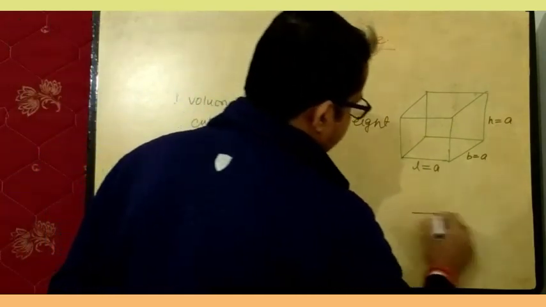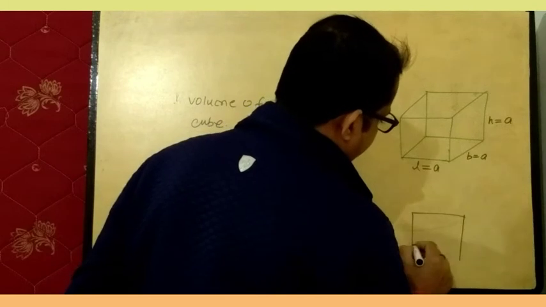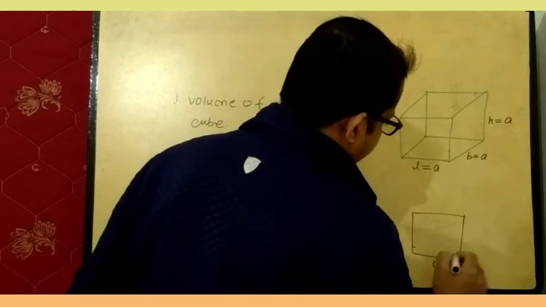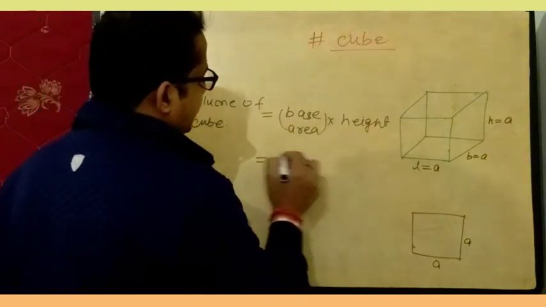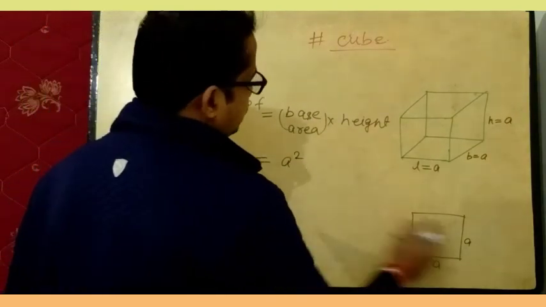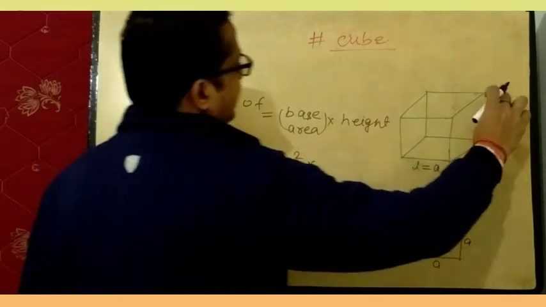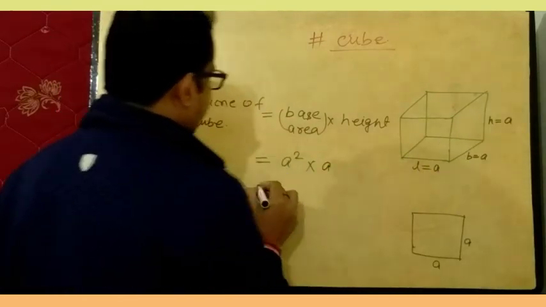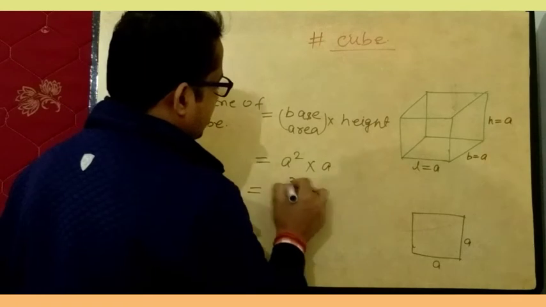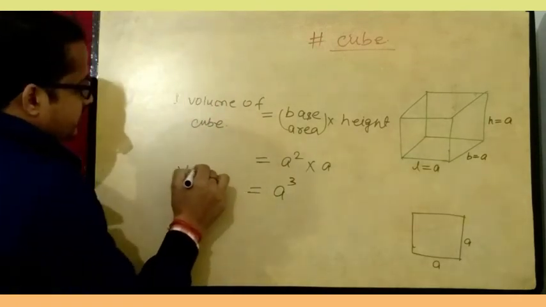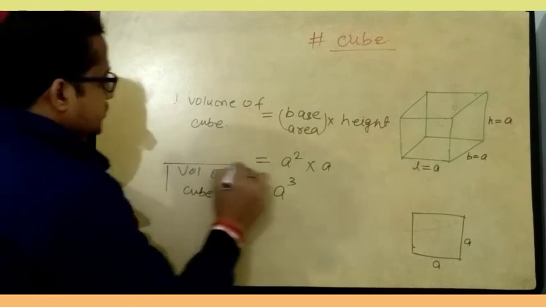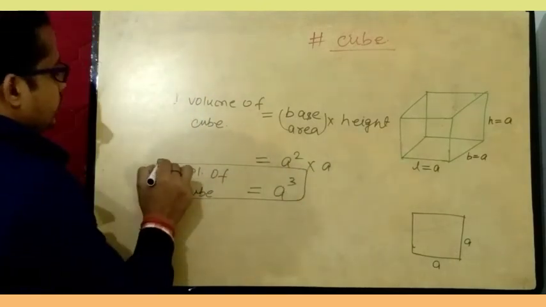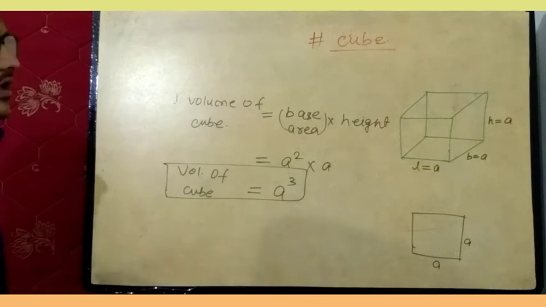This base is in the form of a square having sides a. So the base area is a square, that is side into side, multiplied by height, which is also equal to a. If we solve it, we will get volume of cube equals a cube, that is side cube.